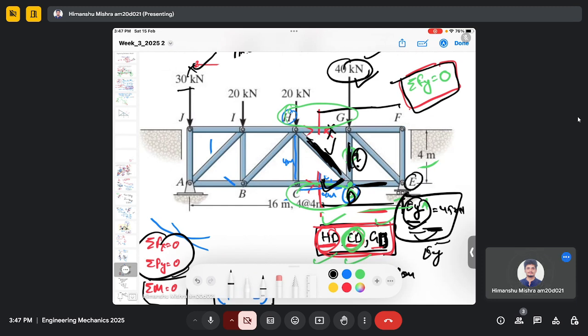D and E. But since I need to find the force GD, which is completely in the y direction, if I do the summation Fy equals 0 by using the method of joints at joint D, I don't need to consider these forces because these are not in the y direction.